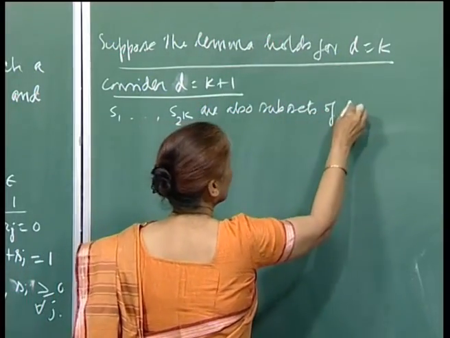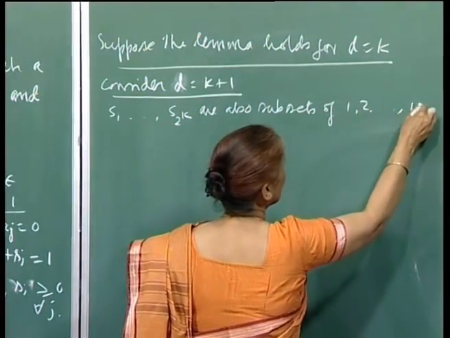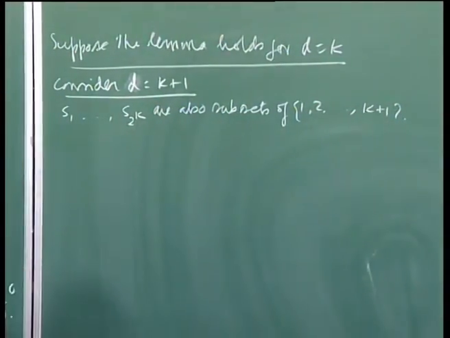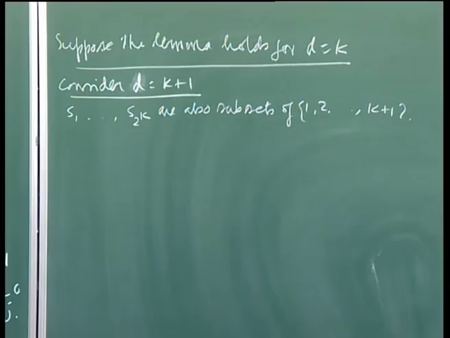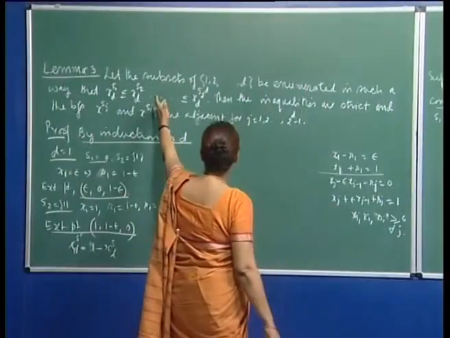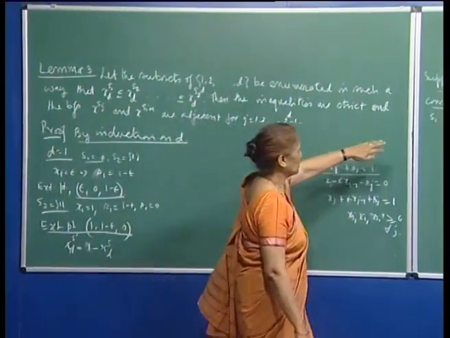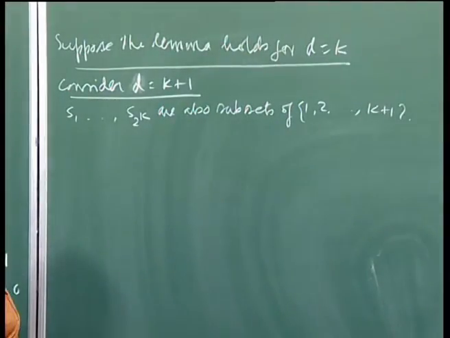subsets of 1 to k plus 1, right. They are also subsets of this, right. And so, this property holds. So, up to 2 raised to k, these values will satisfy this, because they are the same subsets as they were there, right.